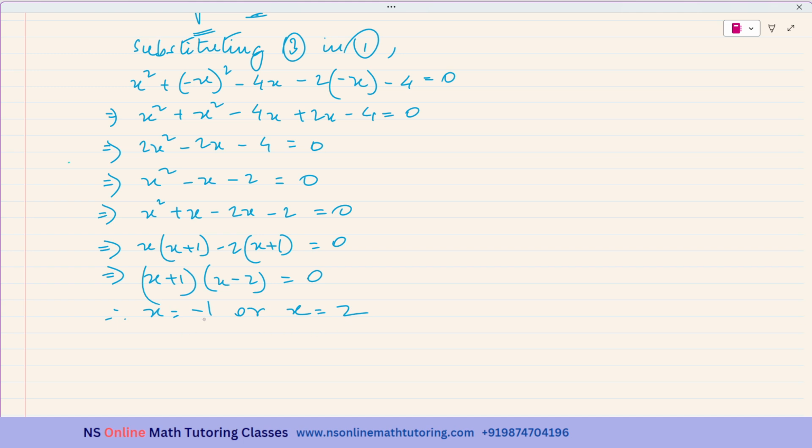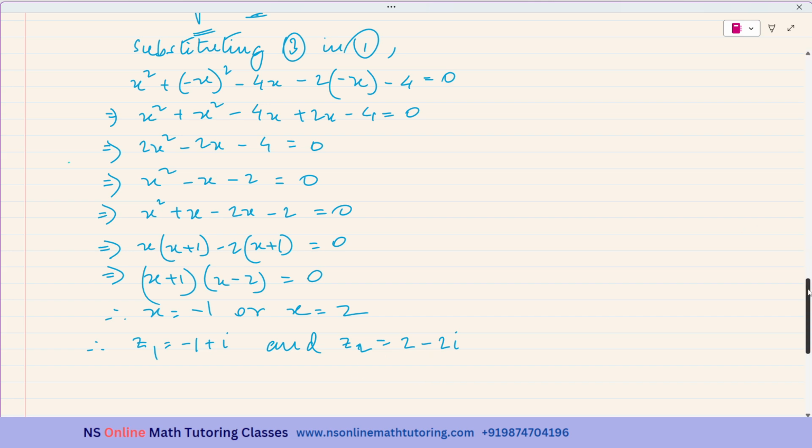Okay. So when x equal to -1, y will be equal to +1. So I'm writing this as z1, this can be z2 also. z1 is equal to -1 plus i, because y's value is 1, and z2 is equal to, since x equal to 2, y will be equal to -2, so it is 2 minus 2i.